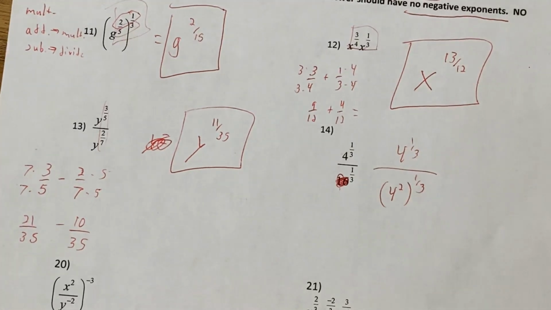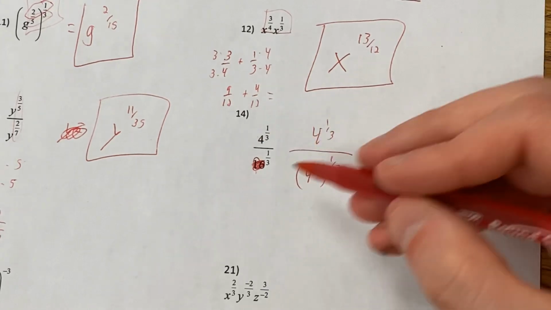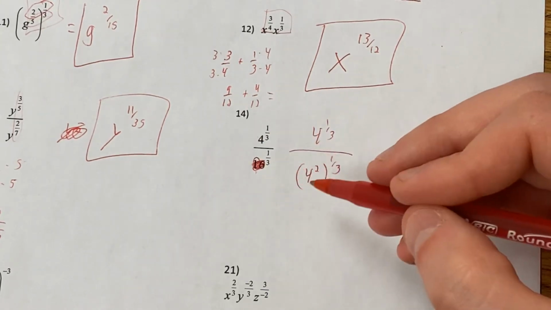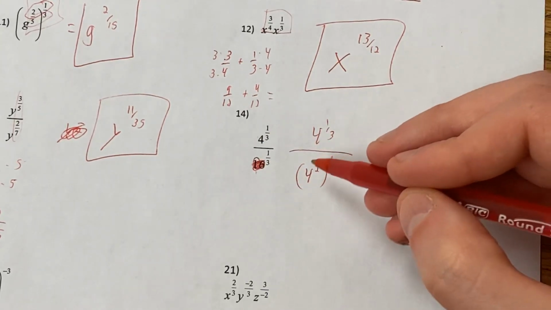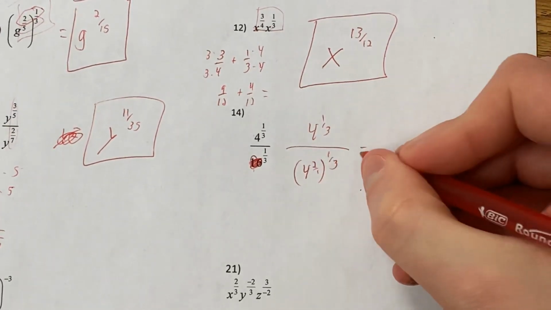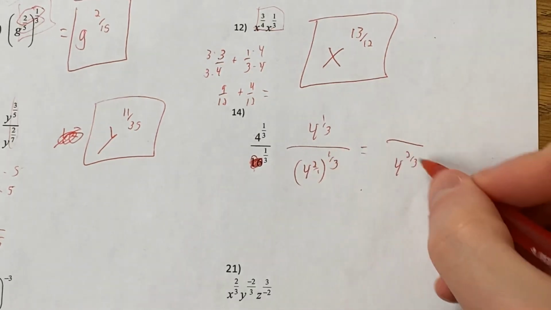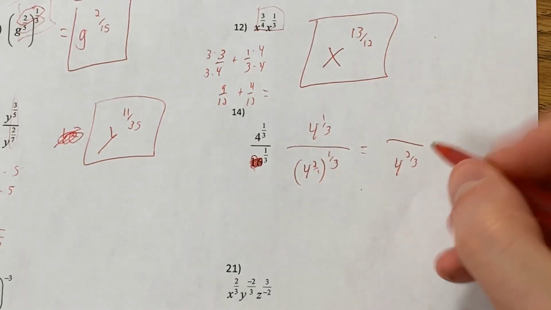Like so. What that allows you to do is to take this 4 to the 1/3 on top, take this 16, make it 4 squared, and this right here, once again, exponents, you would just multiply them, you would get 4 to the 2/3, because 2 times 1 is 2, and 1 times 3 is 3.